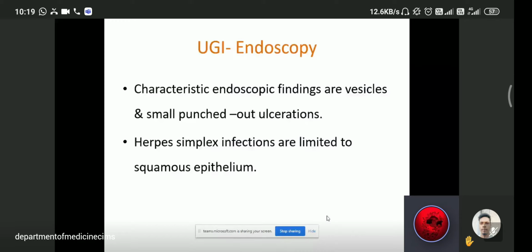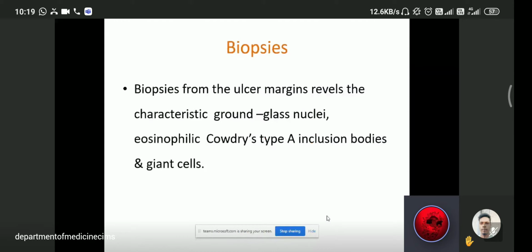Biopsy is usually taken from the ulcer margin, from normal esophageal epithelium and the ulcer margin, which reveals characteristic ground glass nuclei, eosinophilic Cowdry type A inclusion bodies, and giant cells. These are the findings particularly seen on biopsy in herpes esophagitis.